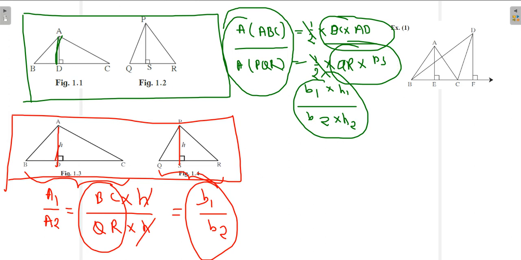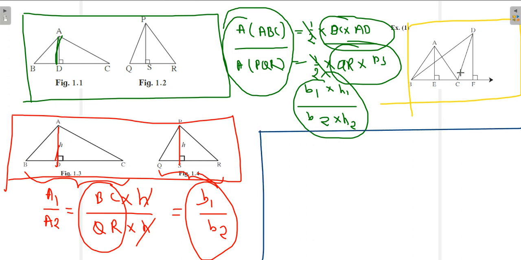And now if you see the third diagram, and in this diagram I can use blue color for visibility. In this, you can see this height and this height are different, but the base of both triangles is BC.